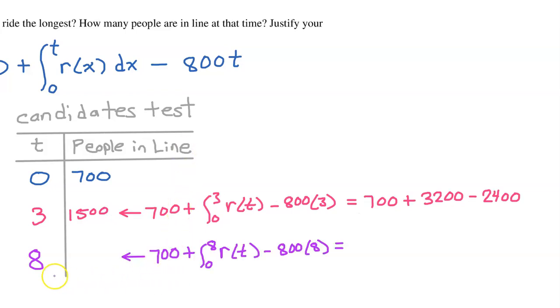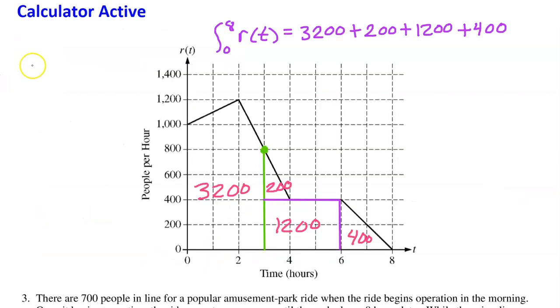Similarly, to calculate the number of people in line at time t equals 8, we do 700 plus the integral of r of t from 0 to 8 minus 800 times 8. To calculate the integral of r of t from 0 to 8, we need to find the total area under the curve between 0 and 8.